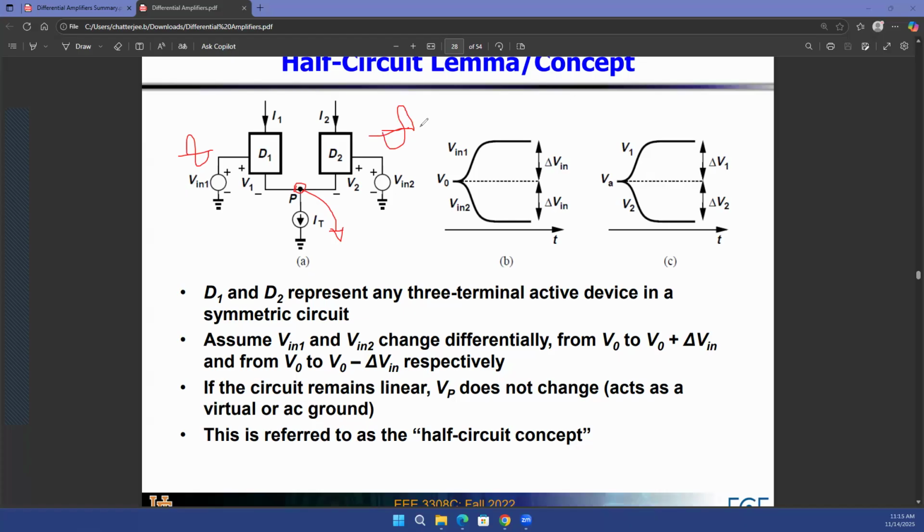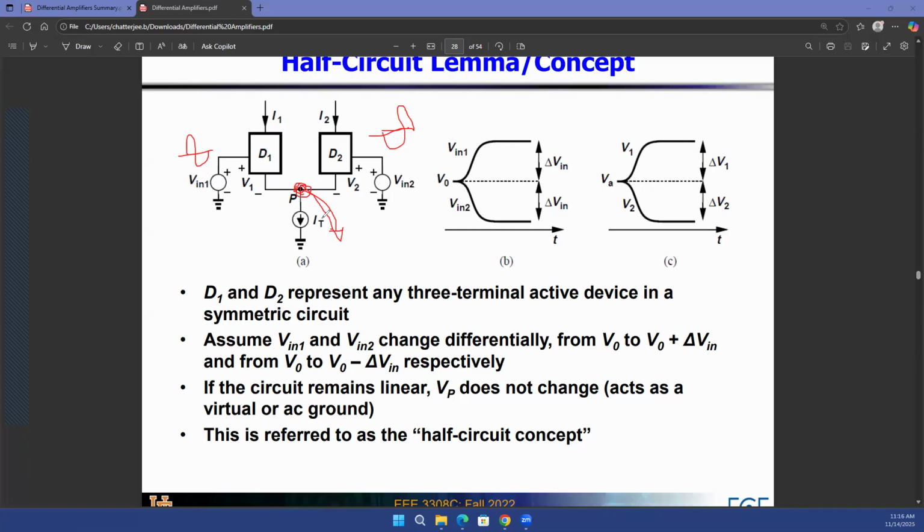Now, if they're not exactly differential versions of each other, let's say I have a larger amplitude sine wave on the left side and a smaller amplitude sine wave on the right side, then they will not cancel each other at the P terminal, and in that case this will not be a virtual AC ground. But if the circuit is fully differential, if it is exactly identical, D1 and D2, and if the input voltages are exactly identical, just 180-degree phase shifted from each other, then this common point is going to be connected to AC ground.